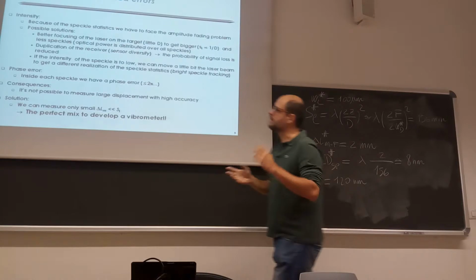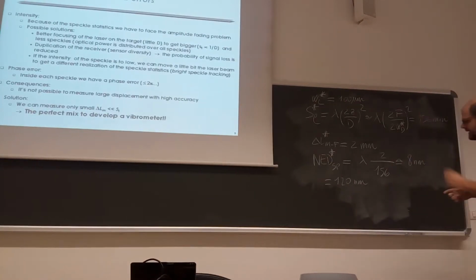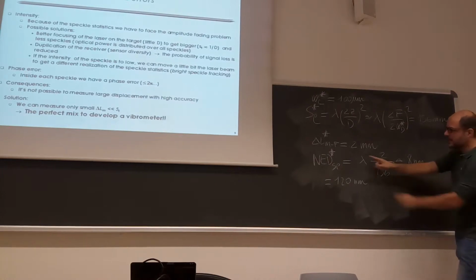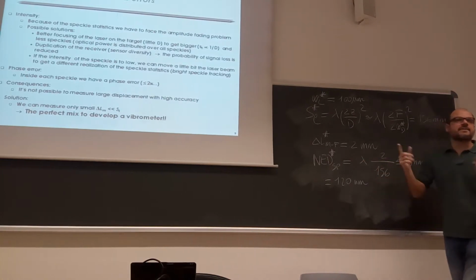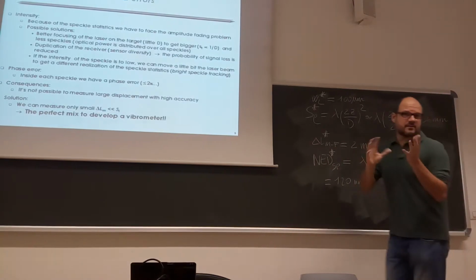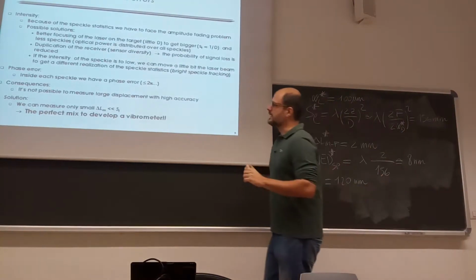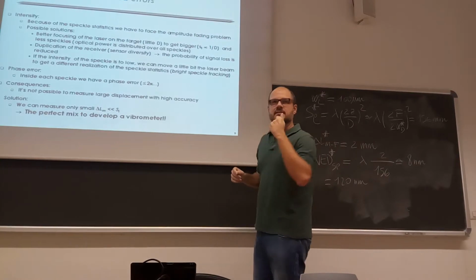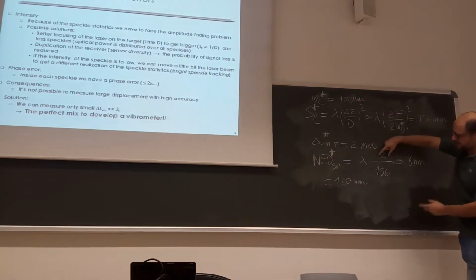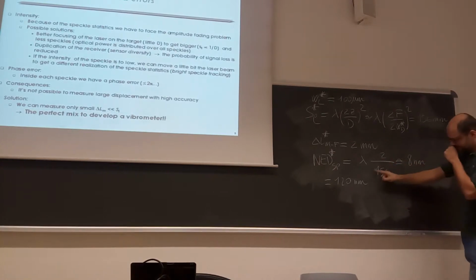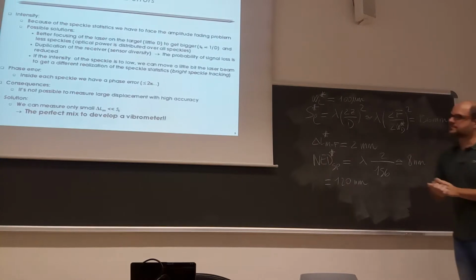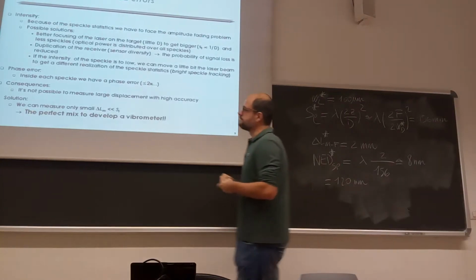This is important, because if the maximum displacement is equal to the longitudinal dimension, then you commit an error that in phase is equal to 2 pi, in wavelength is equal to the wavelength. Even this tells you that it is important to limit the longitudinal displacement with respect to the longitudinal dimension of the speckle. Okay?